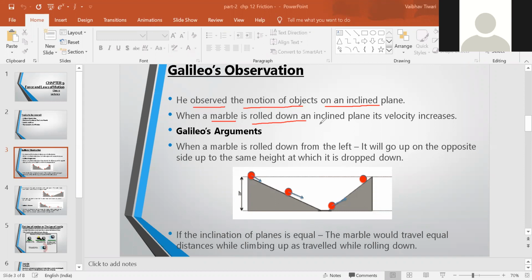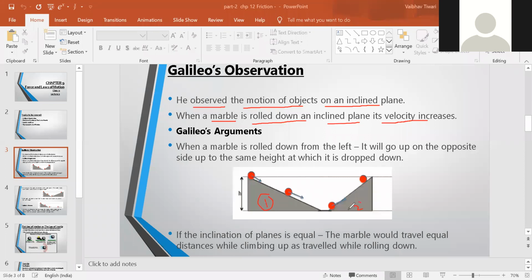He noticed that when he rolled down the marble on the inclined plane, the velocity of the marble increases. It was increasing. Okay, so this was the first plane. This is the second inclined plane.